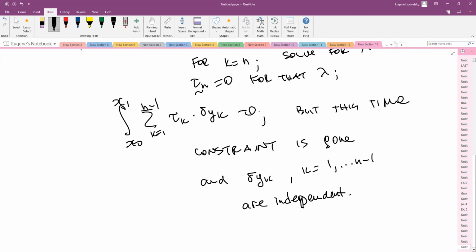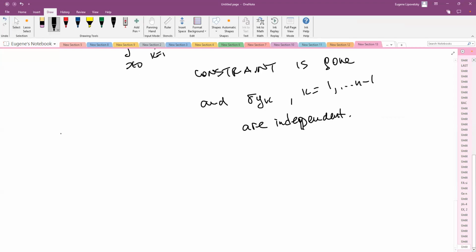So then we require tau k equals 0, with k being 1 all the way to n minus 1.